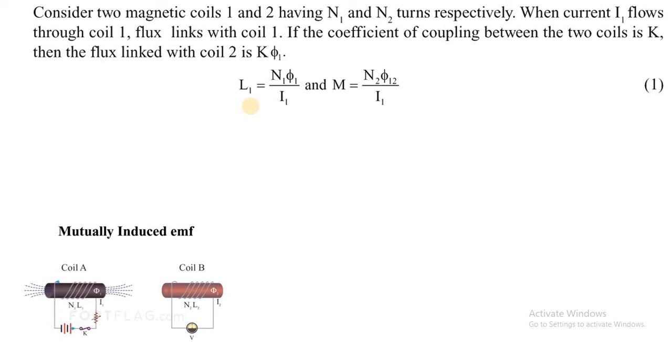Now we are finding the mutual inductance of coil 2, because coil 1 is taking the current, so mutual inductance is going to happen in coil 2. So again, what is the formula for mutual inductance for coil 2? N of coil 2, the number of turns of coil 2, is N2. The flux linked with coil 2, that is phi 12, divided by the current.